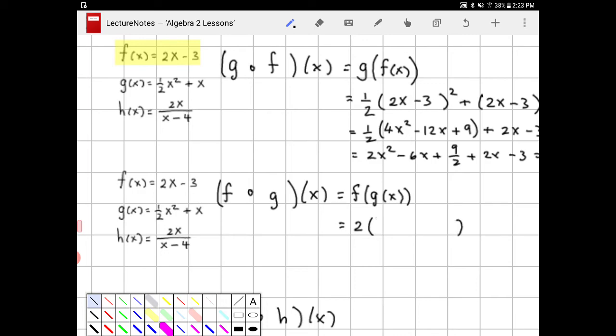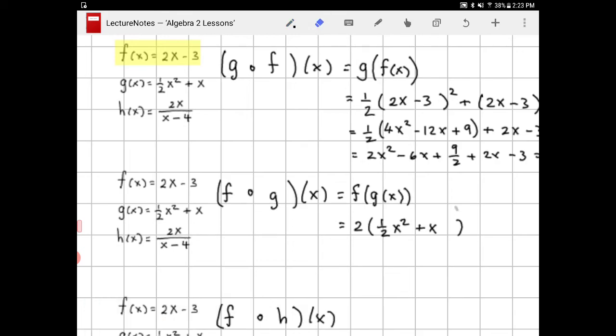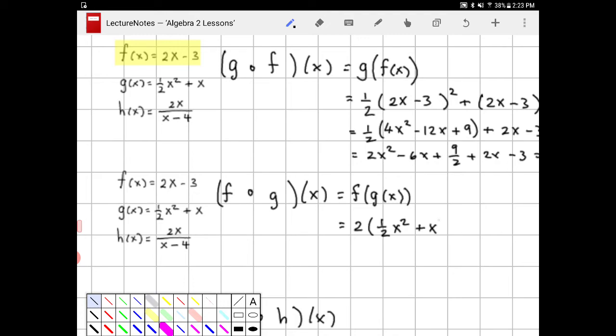I'm going to put in g, and that is 1/2 x squared plus x, and then minus 3. Distribute the 2, I get x squared plus 2x minus 3. This question is a lot simpler than the last one, just because f is a simpler equation.